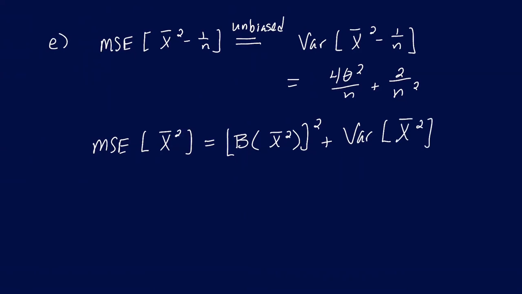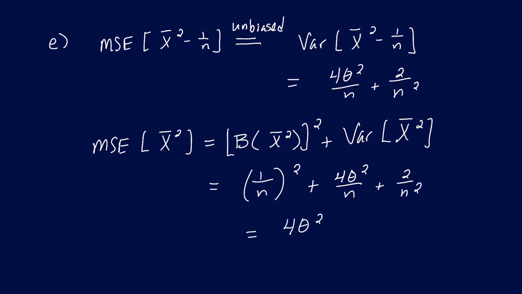So we know this. The bias we computed was 1 over n. And the variance is the same thing as the variance in the previous part. So we get 4 theta squared over n plus 3 over n squared.